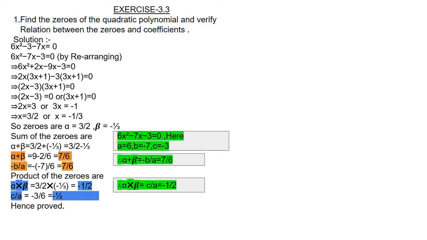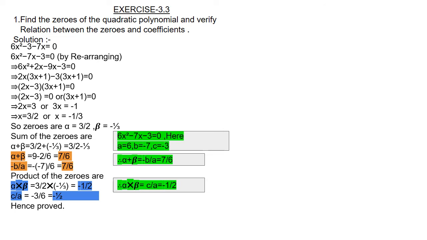Observe here, alpha plus beta is equal to 7 by 6, minus b by a is also 7 by 6. So alpha plus beta is equal to minus b by a. We are establishing that the sum of the zeros and the ratio of the coefficients are equal. Therefore alpha plus beta is equal to 7 by 6, minus b by a is also 7 by 6.